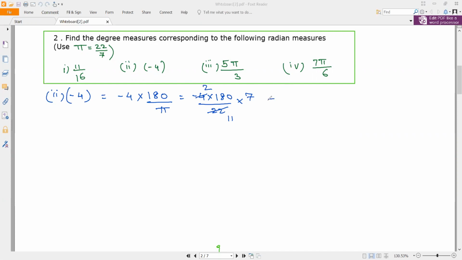Now this can be multiplied, and after multiplication you get negative 2520 upon 11. This should be converted into a mixed fraction. It can be converted as minus 229 and 1 upon 11 degrees.